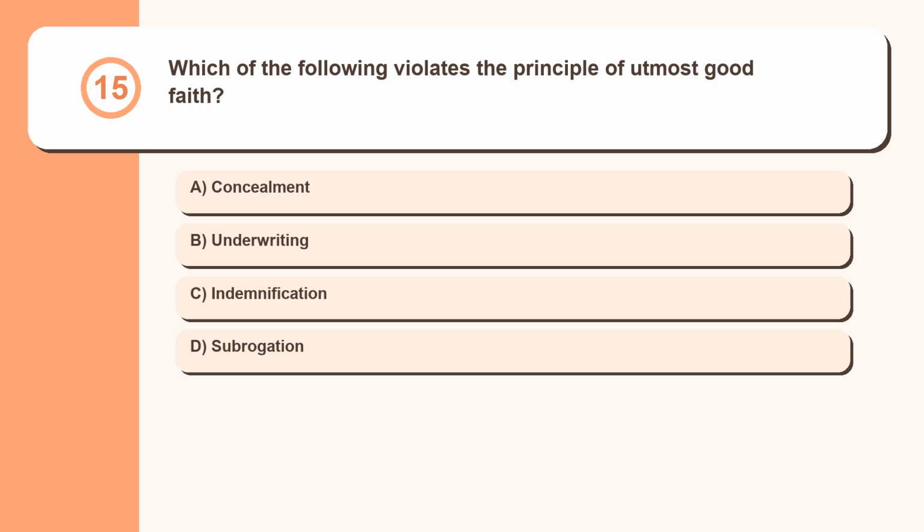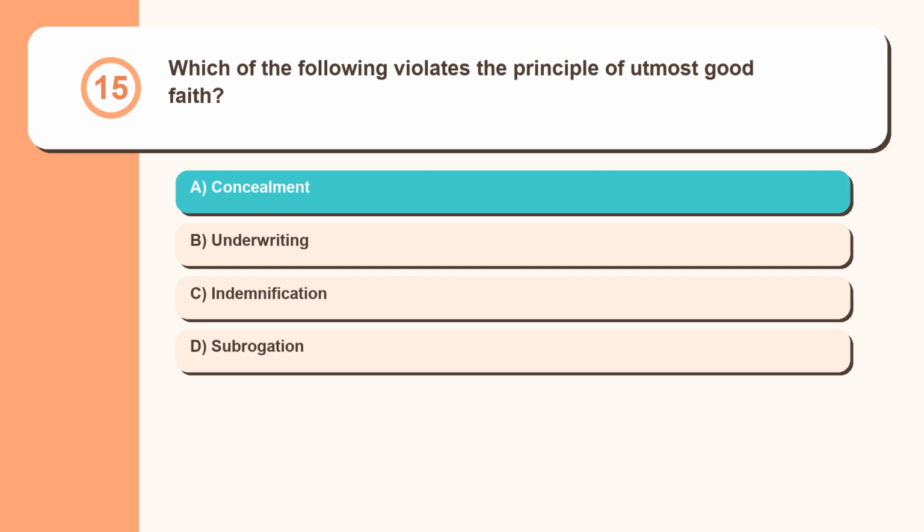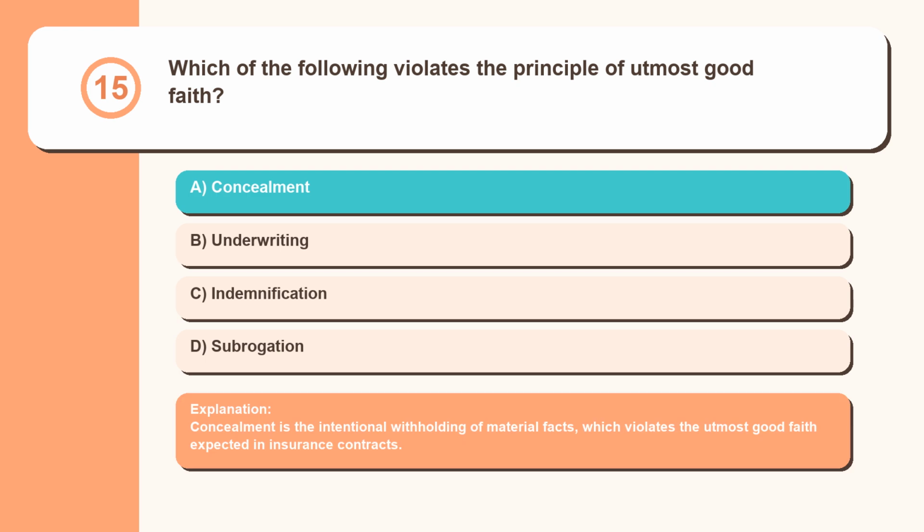Question 15. Which of the following violates the principle of utmost good faith? Concealment, underwriting, indemnification, subrogation. Concealment is the intentional withholding of material facts, which violates the utmost good faith expected in insurance contracts. Question 16.